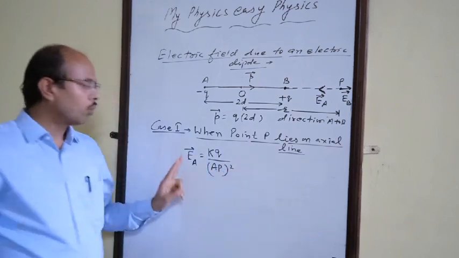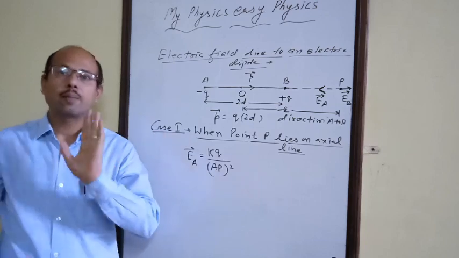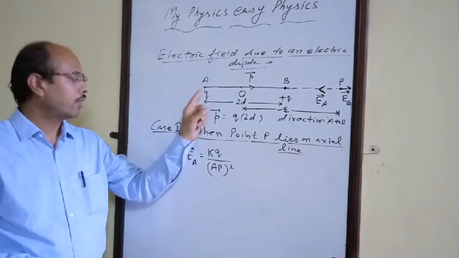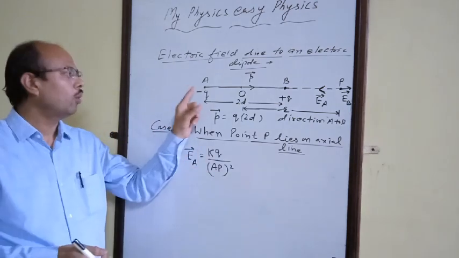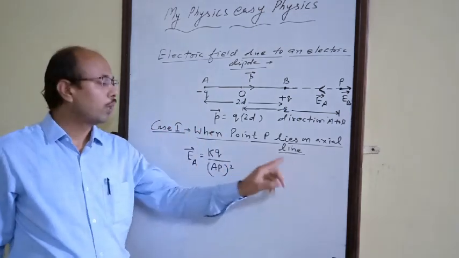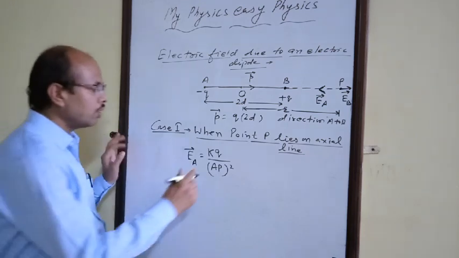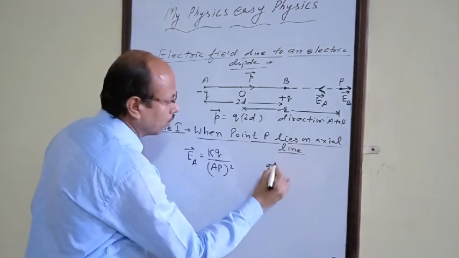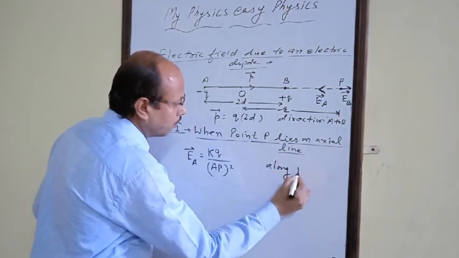And in the expression for electric field, you need not write the minus sign, because the role of the minus sign will be in the direction. The direction will be along PA.